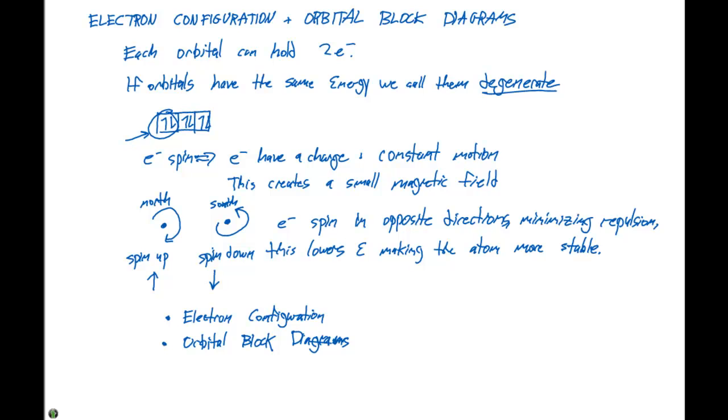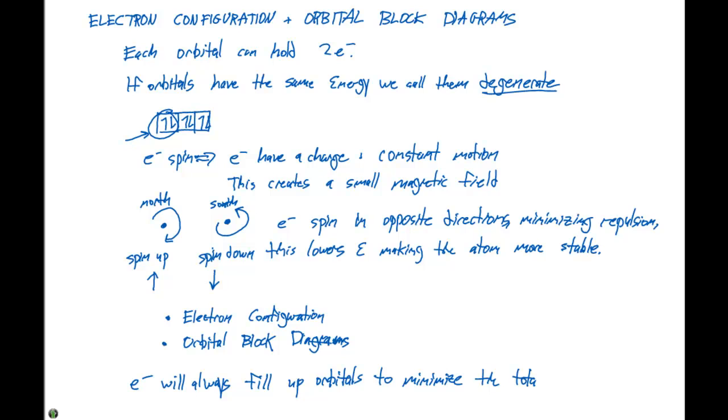And quantum mechanics allows us to calculate the energy of the orbitals, but electrons are very, very lazy. And in both of these cases, the electrons will always fill up orbitals to minimize the total energy.